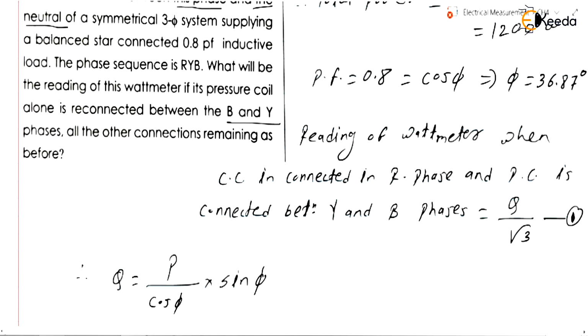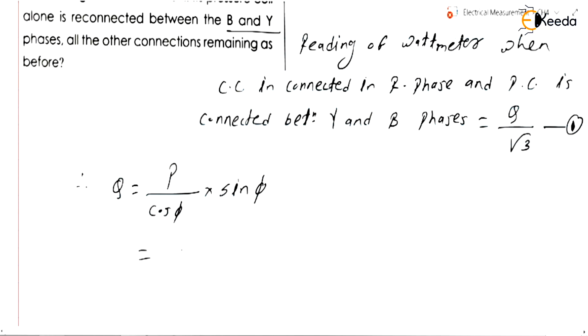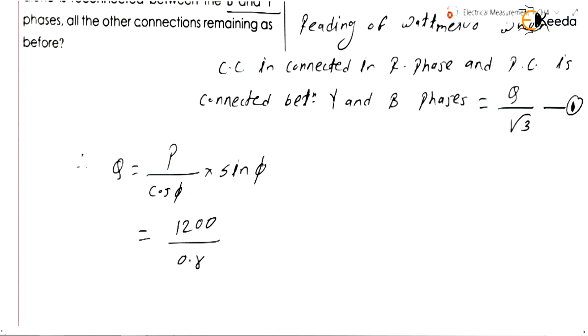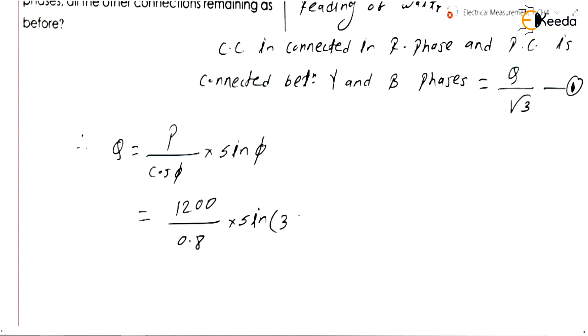So it is 1200 divided by the power factor, which is given as 0.8, into sine of 36.87 degree. So if you check, it is 1200 divided by 0.8 into sine of 36.87, so it is 900. This is the reactive power, 900 VAR.